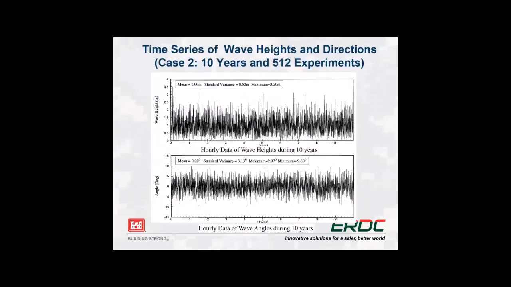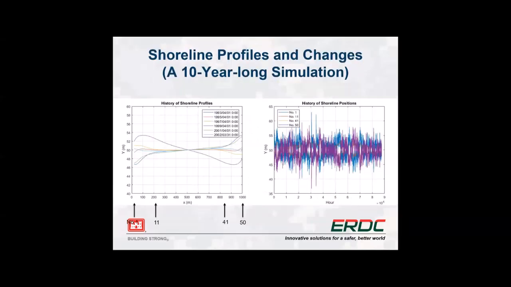So here's just some example time series of hourly wave heights and wave angles for this test data set. And we have our history of shoreline positions here. You can see it fluctuated pretty widely over time.